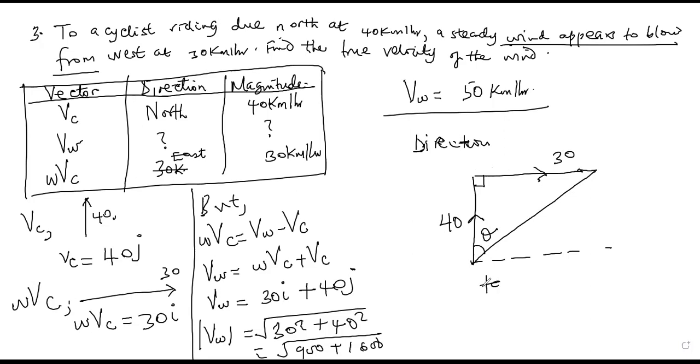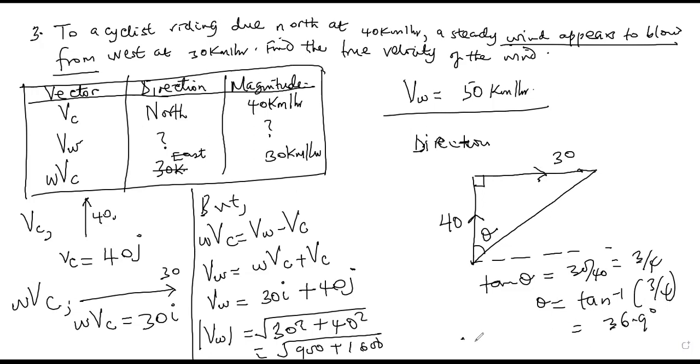So our tan theta will be opposite over adjacent. Now our opposite will be 30 out of 40, which is 3 out of 4. So theta is tan inverse of 3 out of 4. And this gives 36.9 degrees.